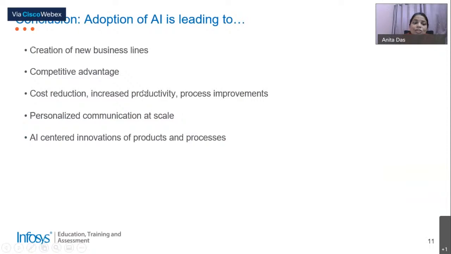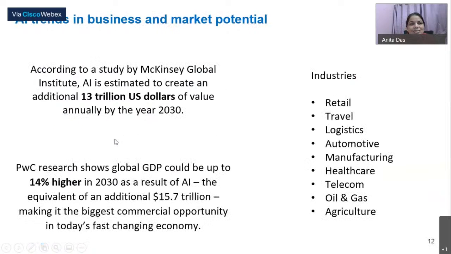It also leads to AI-centered innovation of products and processes. All these things we are achieving using AI and AI-related technologies. Also, according to McKinsey, AI is estimated to create an additional 13 trillion US dollars of value annually by the year 2030.